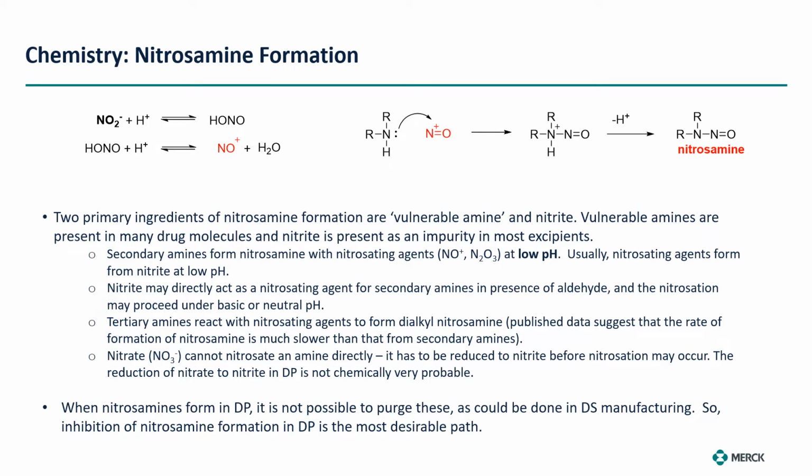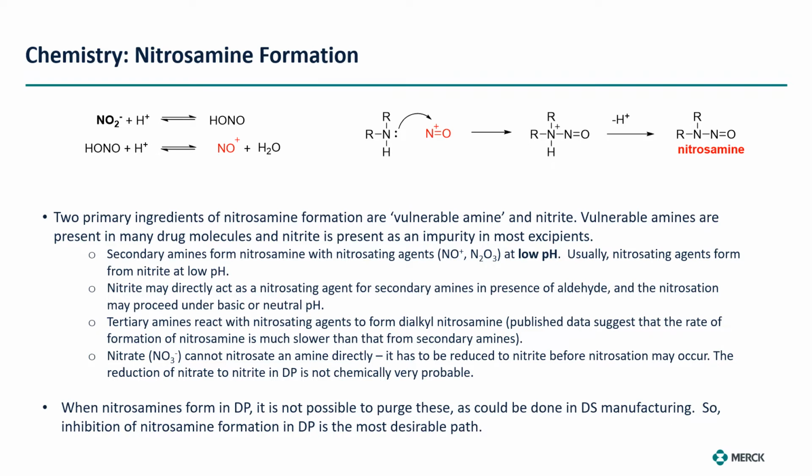So in summary, we need two ingredients to form nitrosamines, mainly nitrite and a vulnerable amine, which is most of the time a secondary amine. And when these two ingredients are present in drug product, nitrosamines can form, and in drug product, we cannot purge nitrosamines when they form, so we need to inhibit it.